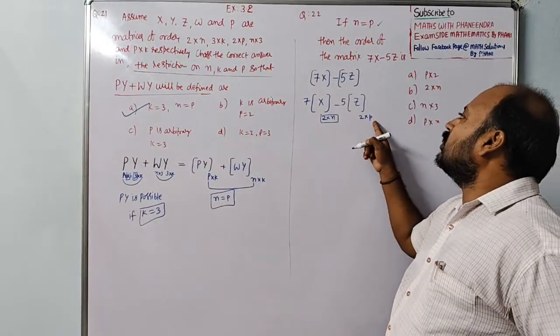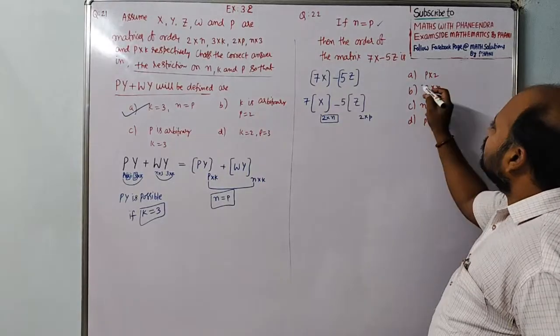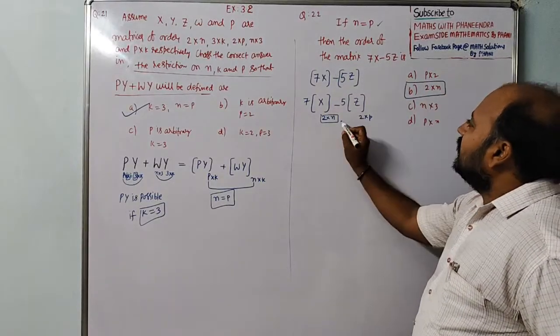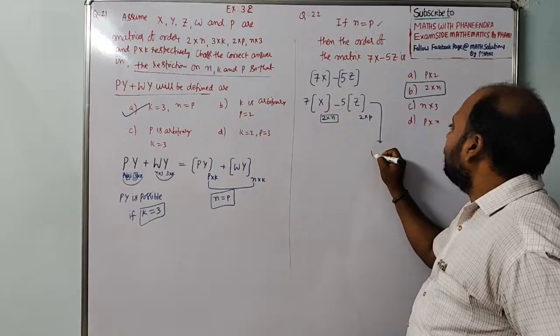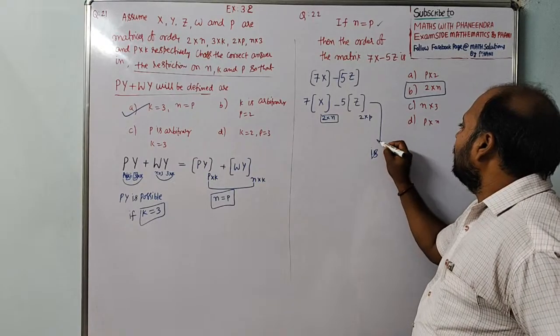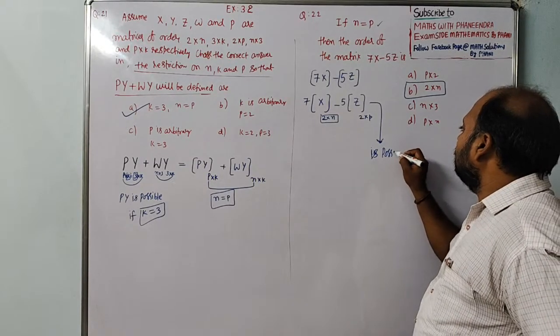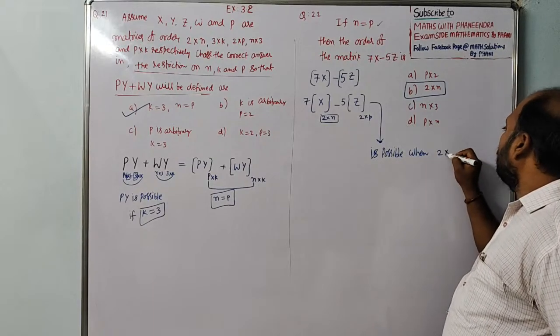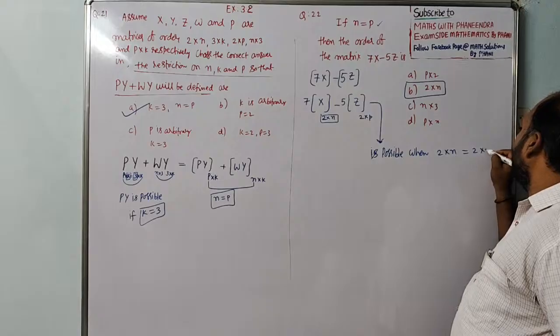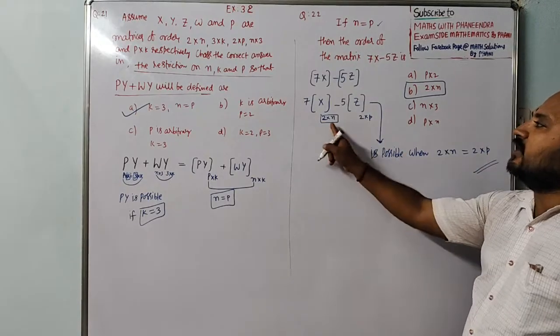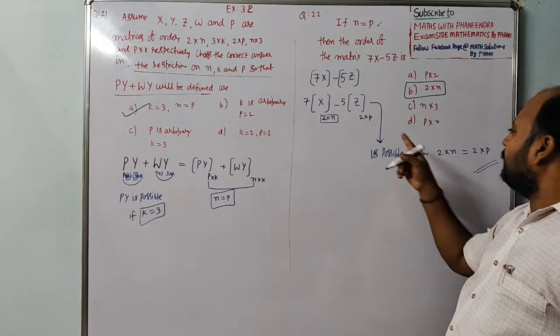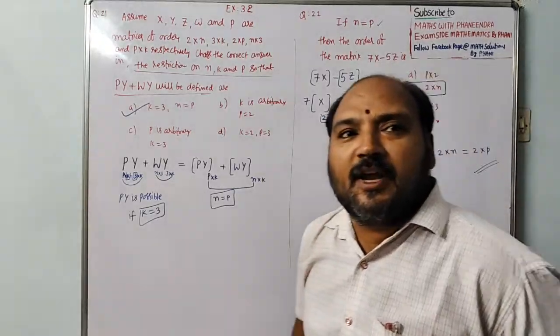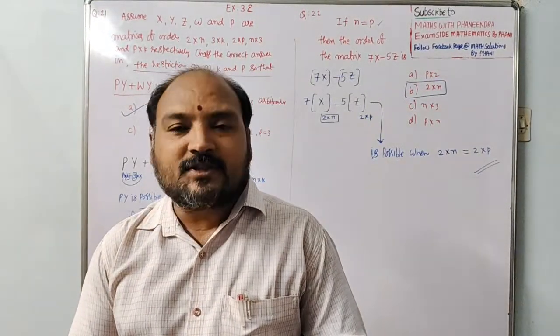That means 2 cross p is equal to 2 cross n. Is possible when 2 cross n is equal to 2 cross p. When these two orders will be same, then only it will be defined. I hope everyone understand, dear students.